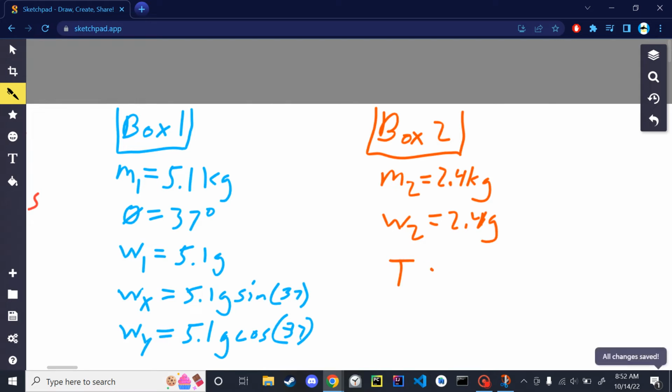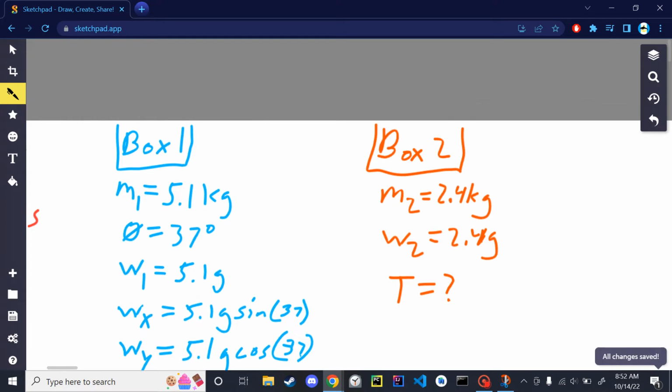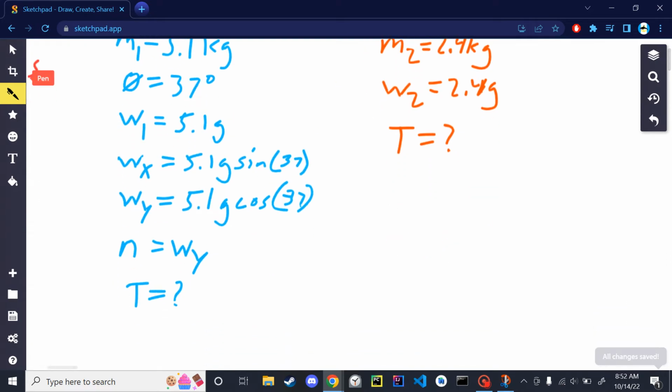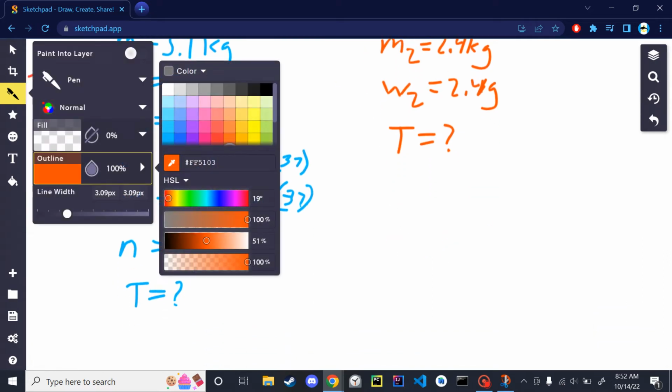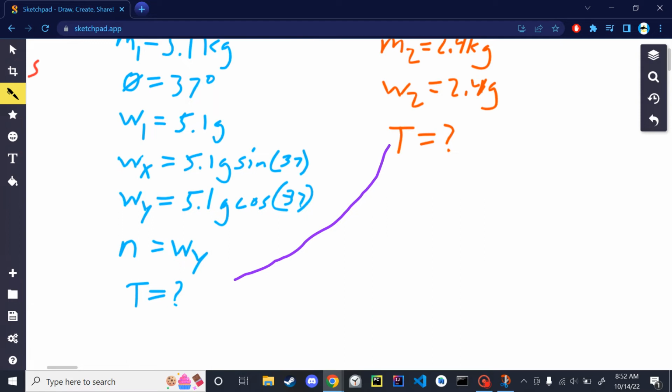And we have an unknown tension force. And I guess I'll make this purple. And due to Newton's third law and how tensions work, these two tensions here are interchangeable.